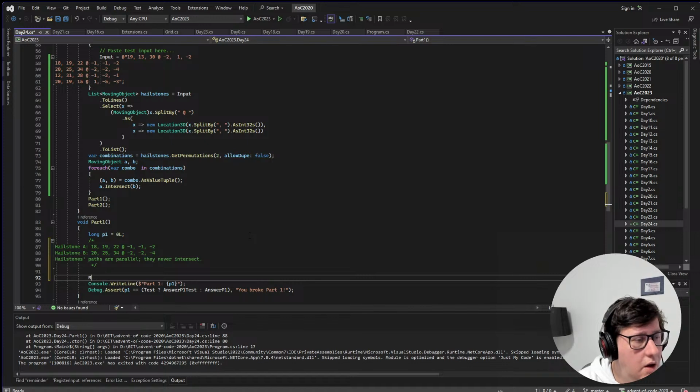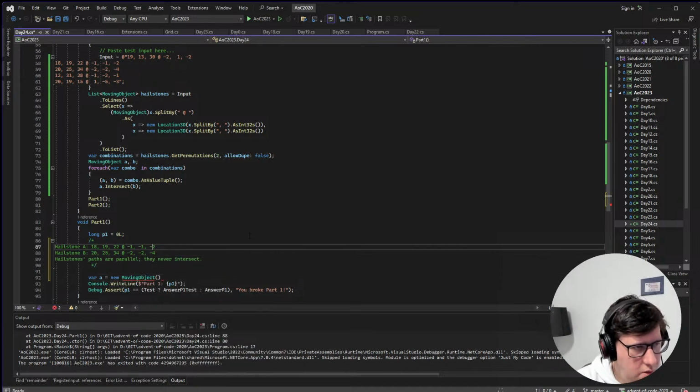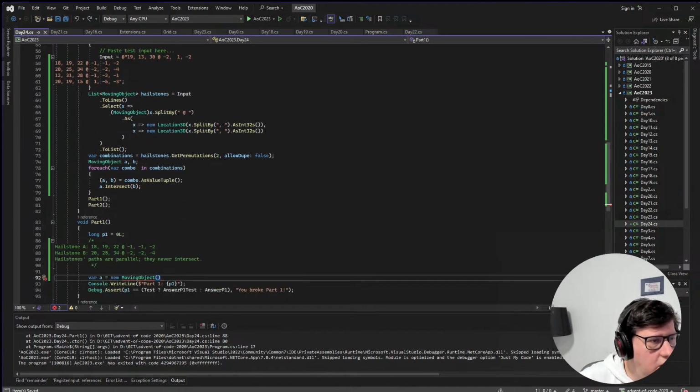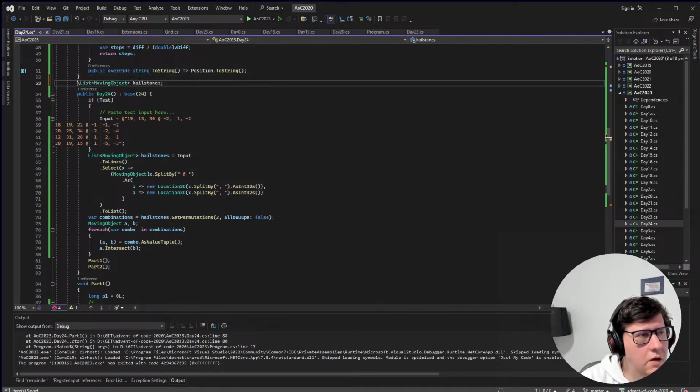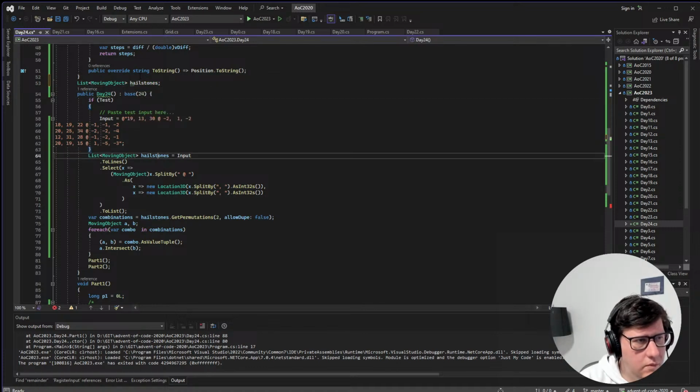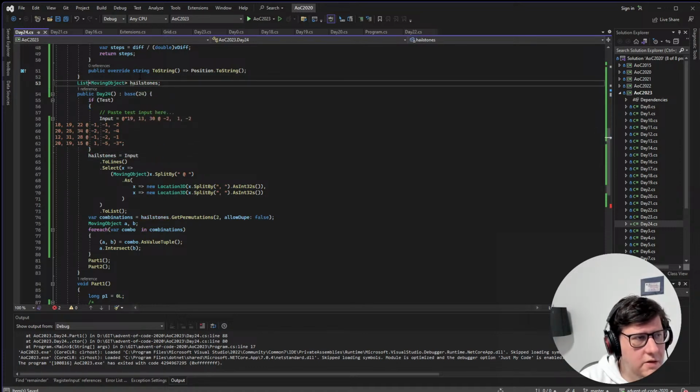So if I do movable moving object var a is new this, and we have this one. Well, I can just take this from the list actually. 1819 is the first one here. Let's see. This one is hailstones 1, and I need to make this global here. Like this.